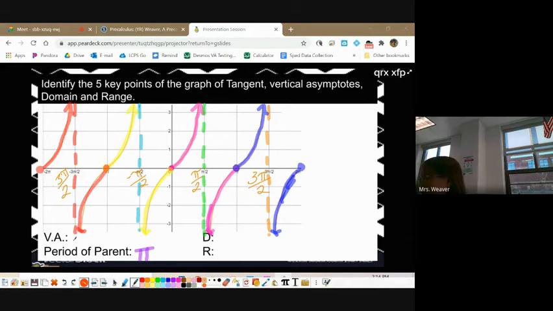Well, they're vertical asymptotes, so they're x equals equations. So we said x equals the set of all, so we're using set brackets, pi over 2 to get us on the half pies. And then remember, it's just pi units from asymptote to asymptote. So every pi units, I have another asymptote.